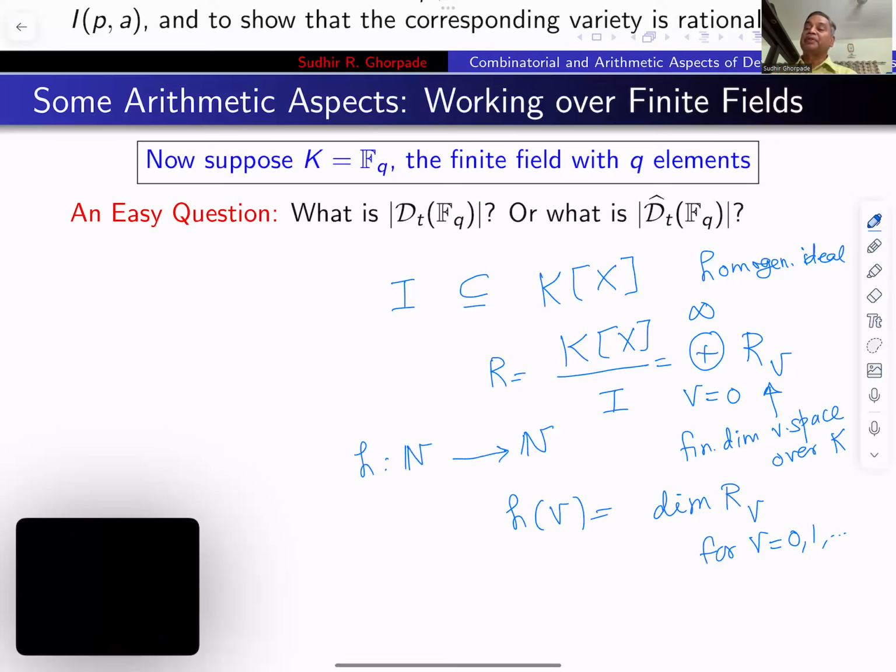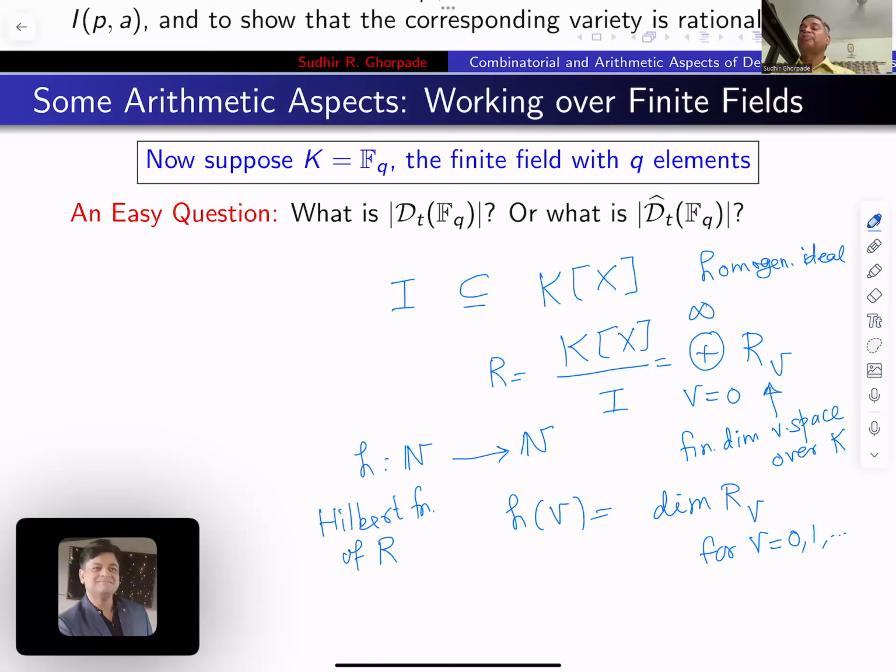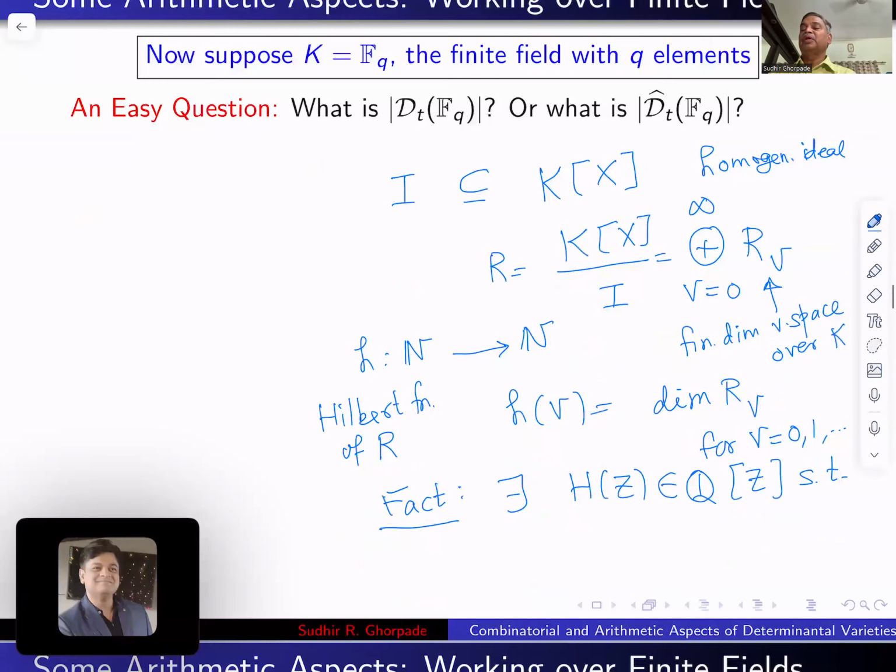This is called the Hilbert function of R, or of the corresponding projective algebraic variety cut out by I. And Hilbert proved that there exists a polynomial, I call this h(z), with coefficients in rational numbers, such that H(v) is equal to h(v) for all v large enough. And that polynomial is called the Hilbert polynomial.